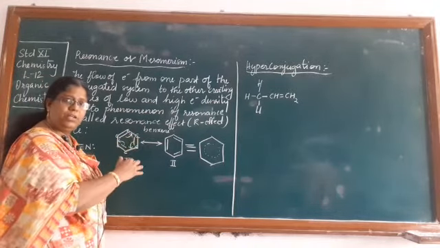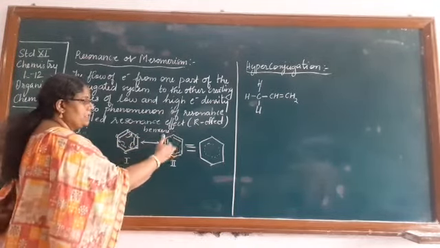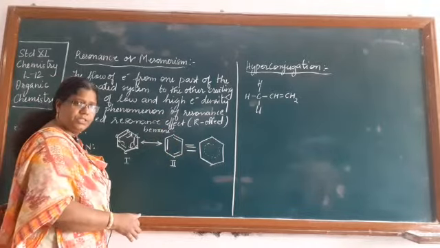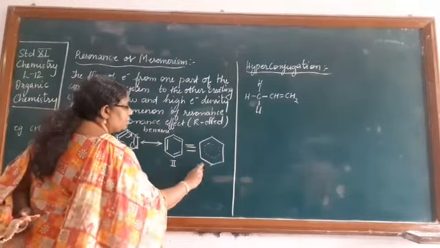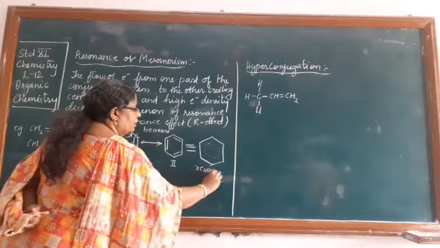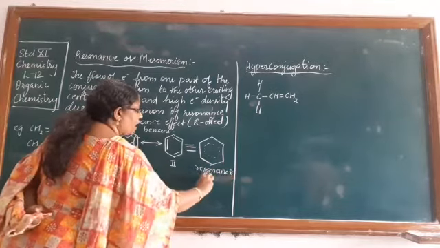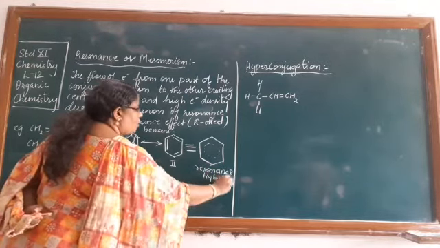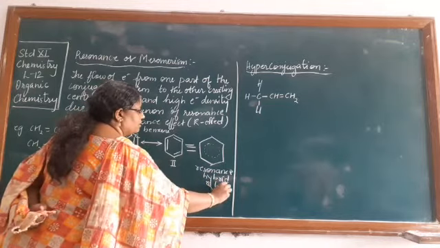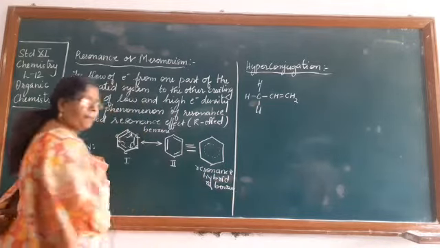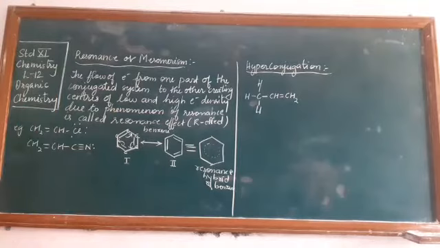The pi electrons are delocalized here. So they are continuously moving from one region to the other region. Therefore, this is the resonance hybrid of benzene.